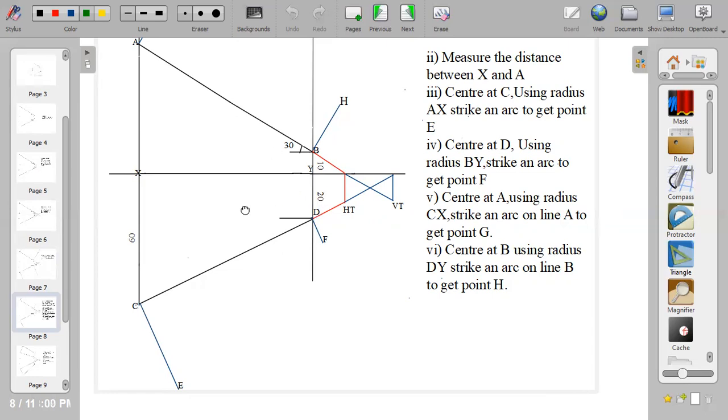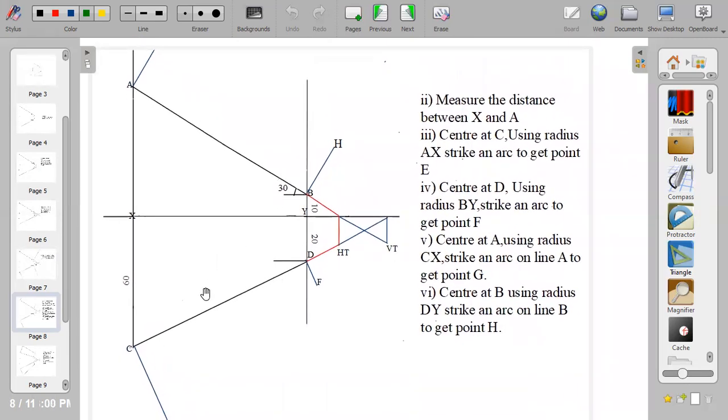So when you are handling AB, using radius CX, center at A, strike an arc to get point G. Then you also come to point B using radius DY, center at B, strike an arc to get point H. So let me move on to the next step.